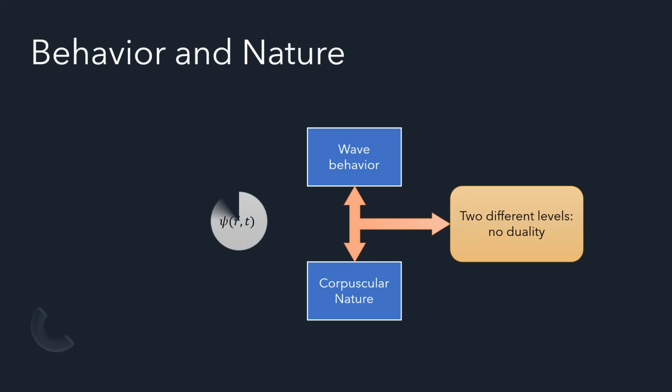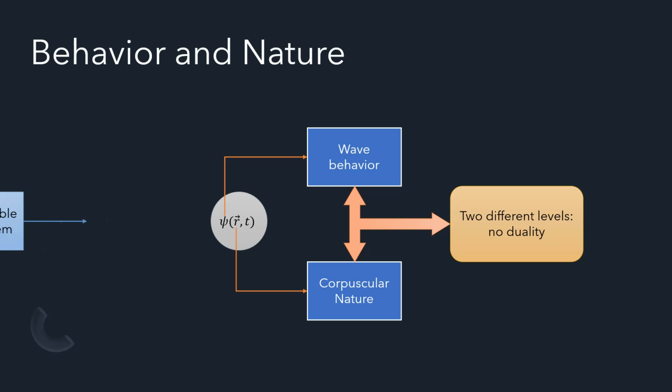So we may now represent the reference of the function psi, the probability amplitude, as referring to the wave behavior. The psi itself represents the wave behavior, while the position variable represents the corpuscular nature, the position and other elements of the equation, for instance, the electric charge and mass, and maybe other elements that appear in the Schrödinger equation.